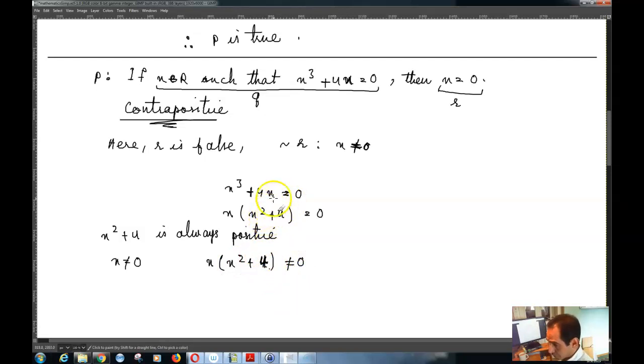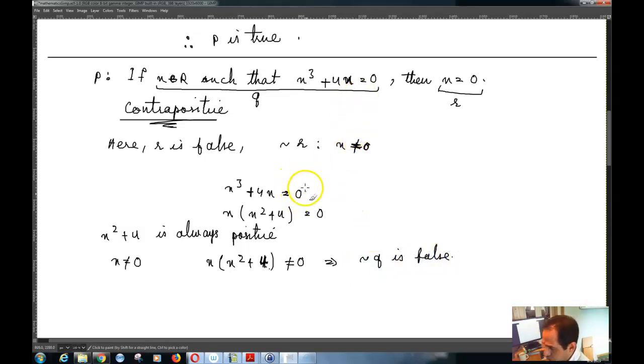Which shows that the statement Q is not true, because Q says that x cubed plus 4x, which is the same expression as this, is equal to 0. And here we have shown that this thing cannot be equal to 0. So that means that Q is false, that not Q is true.